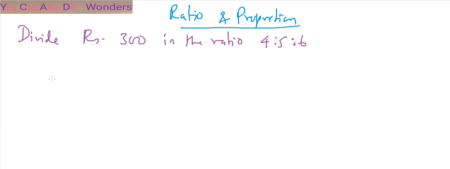Let's say there are three persons A, B and C. We need to divide rupees 300 among them in the ratio 4:5:6. That means A should get 4 parts, B should get 5 parts and C 6 parts.